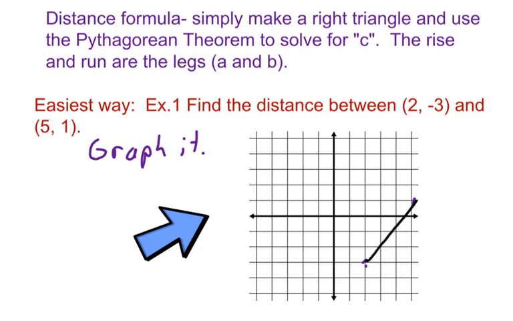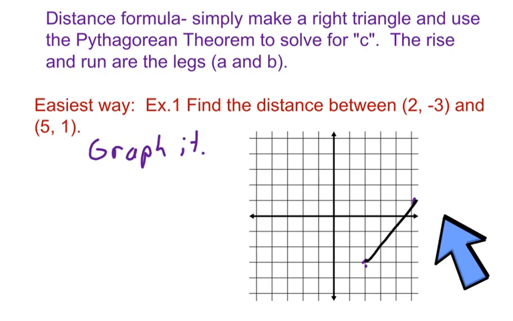like that. So I've graphed it, and I just need to make a right triangle. So I can use my rise and my run to do that. So I'm going to draw my rise here from this point, and then my run. And notice I just made a right triangle.